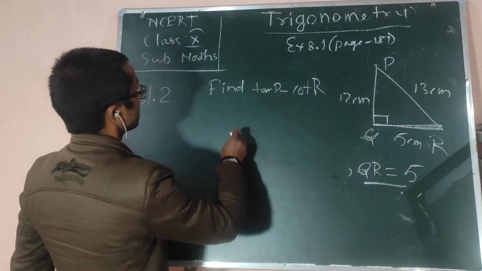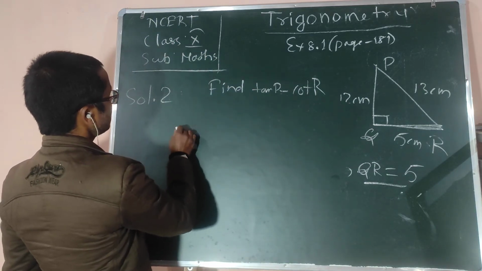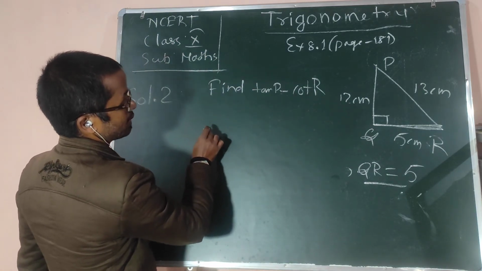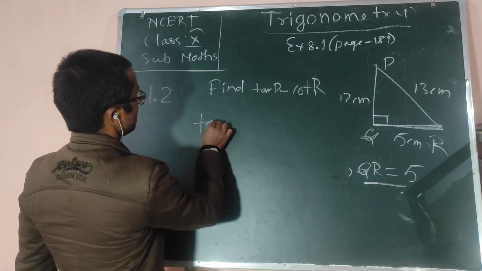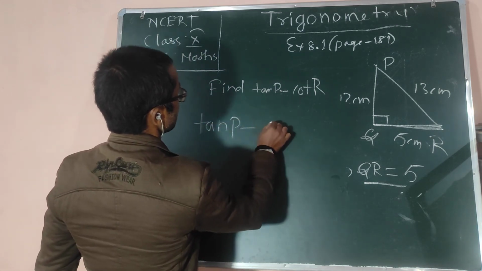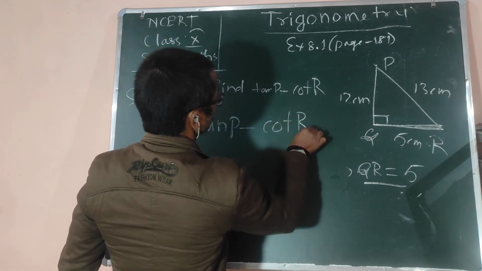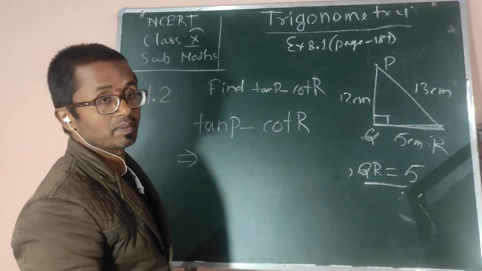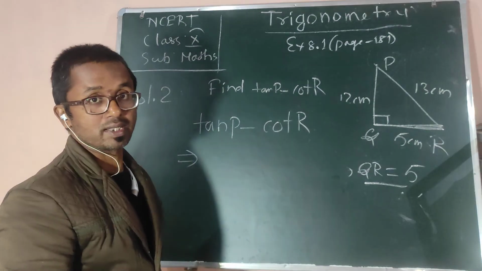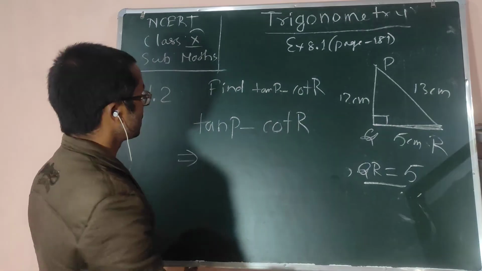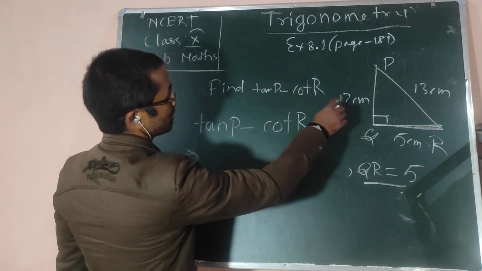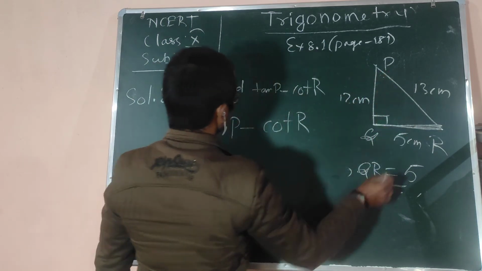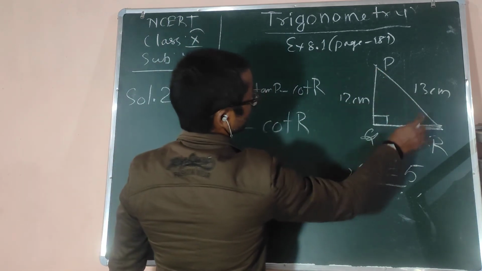Now from here, let us write tan P minus cot R. Remember, the angle may be changed, but the name of the ratio will be the same. So tan P, we will take P. If we take P, then these are the sides.